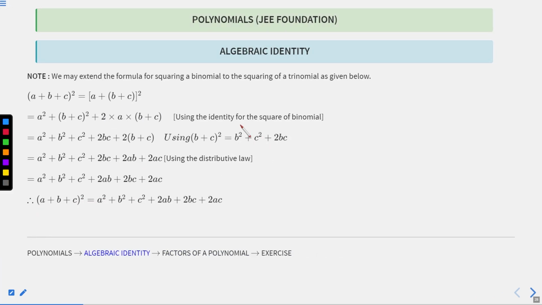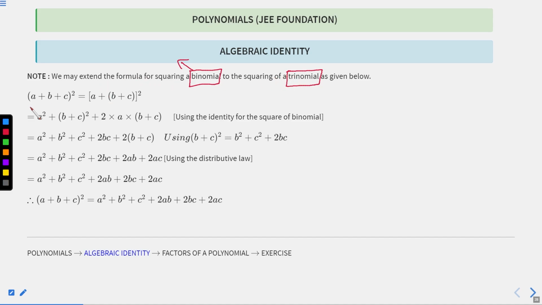Now in our note, we may extend the formula for squaring a binomial. What do we mean by binomial? Binomial means a polynomial having just 2 terms. So we extend it to squaring a trinomial as given below, and a trinomial is a polynomial with 3 terms.